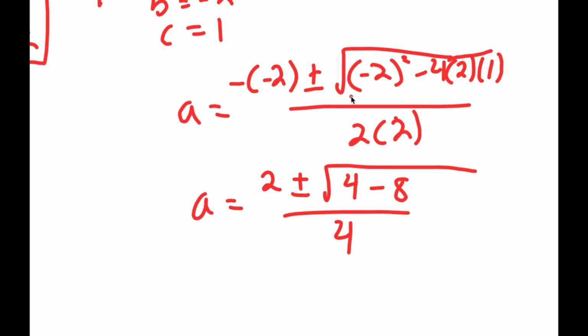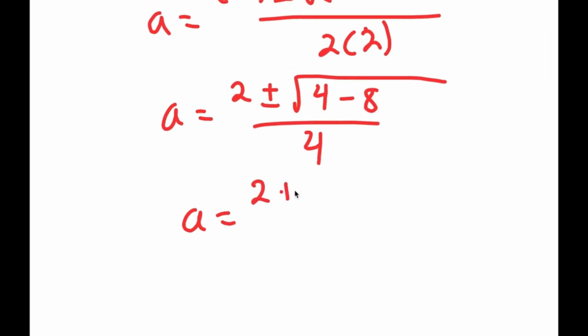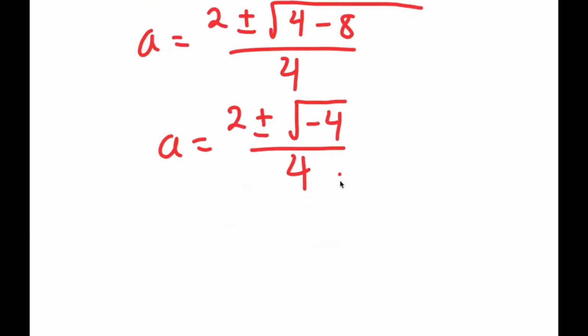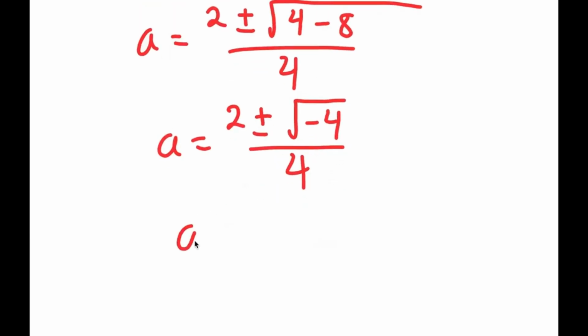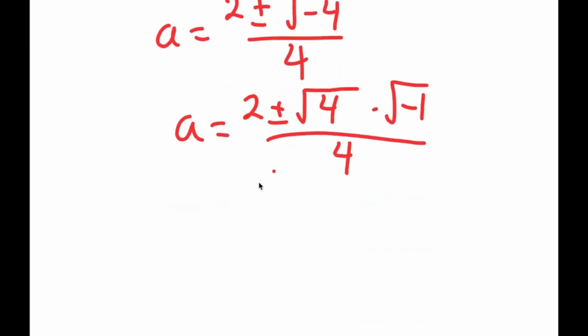Which is equal to 2 plus or minus the square root of negative 4, over 4. Now the square root of negative 4, I can rewrite as the square root of 4 times the square root of negative 1. And if you didn't already know, the square root of negative 1 is equal to the imaginary number i.